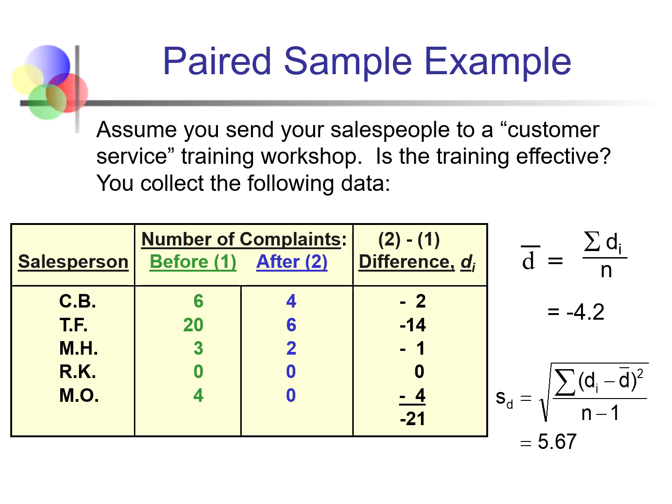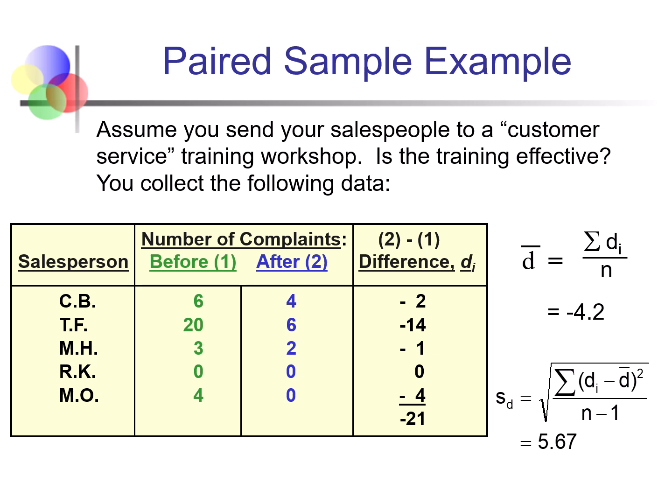If we add the differences di, the result is -21. Then we can apply the formulas. We can find d bar from the sigma di over n, which is -4.2.